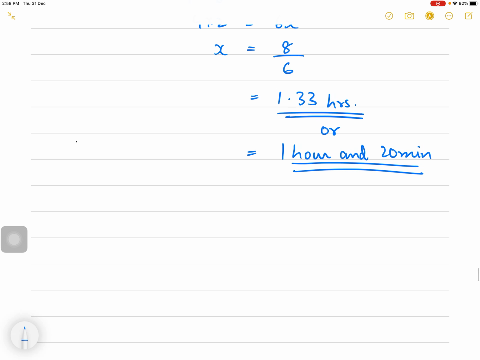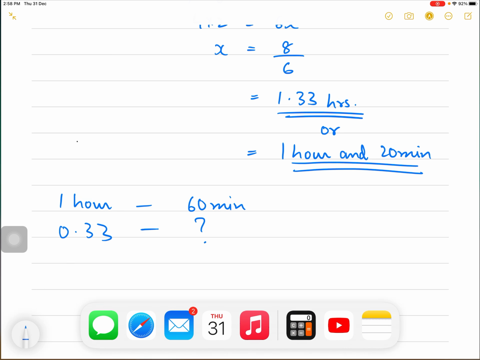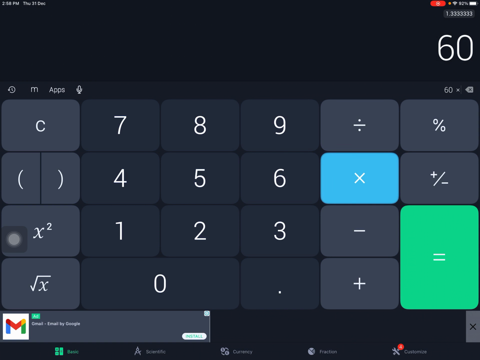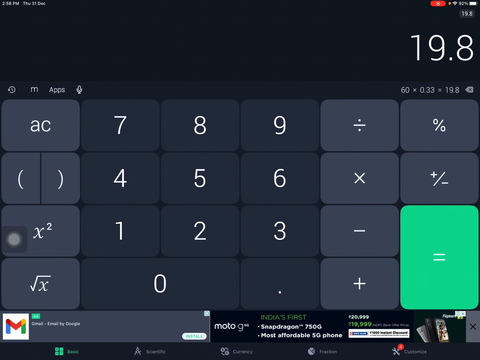Right? See, now 1 hour is 60 minutes. So 0.33 is how much? Okay. So let's see. 60 into 0.33 is coming 19.8.